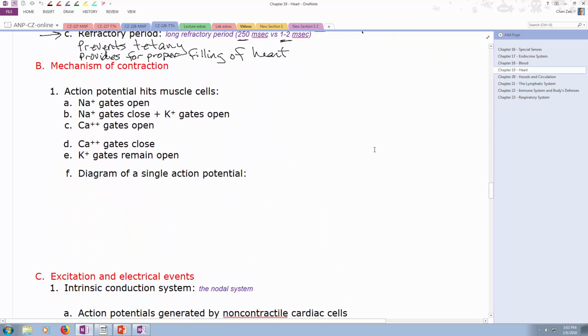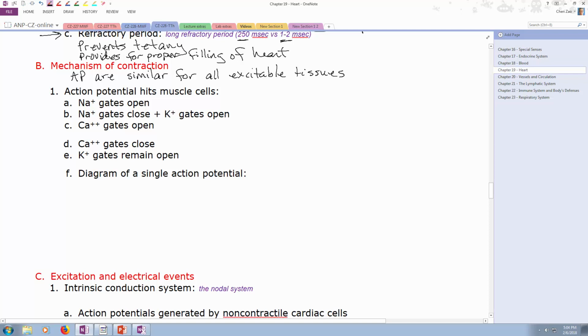Now, let's take a look at the mechanisms of contraction, which is always associated with an action potential. Remember, action potentials are very similar for all excitable tissues, APs, nervous tissue, and muscle tissue, for example.